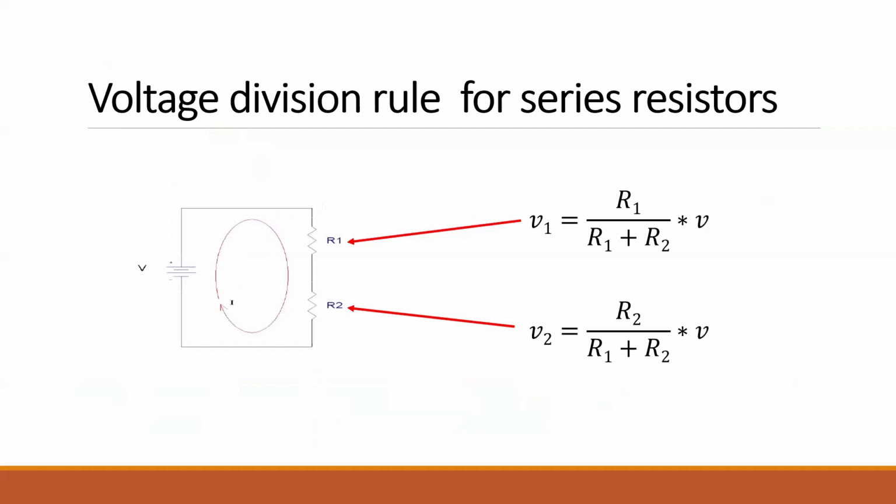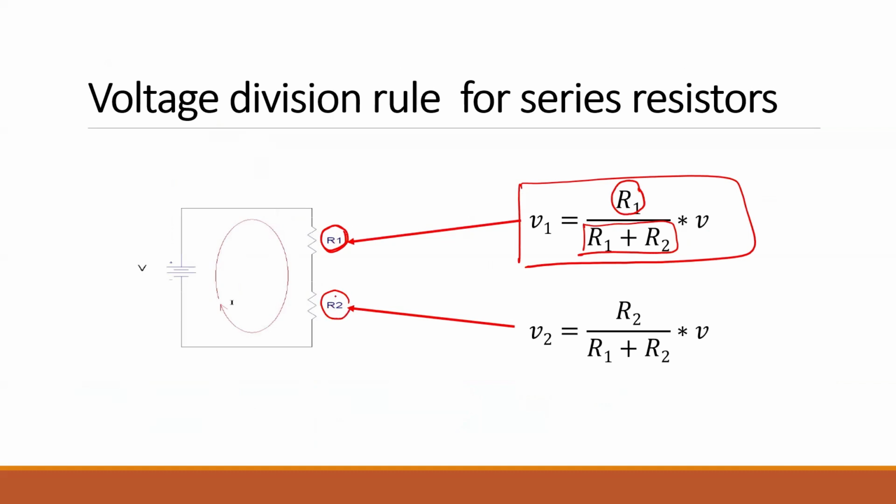So we are going to get 2 equations and we will be using it in questions. So you can remember this one again. For the voltage division rule, to find the voltage across this one, that will be R1 divided by R1 plus R2 times V. To find the voltage across the R2, that will be R2 divided by R1 plus R2 times V. V is the total voltage which is at the source.